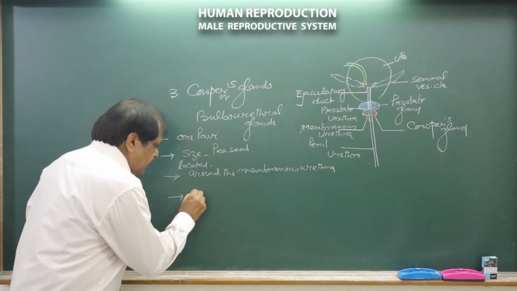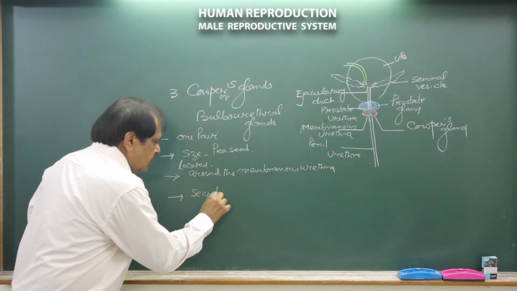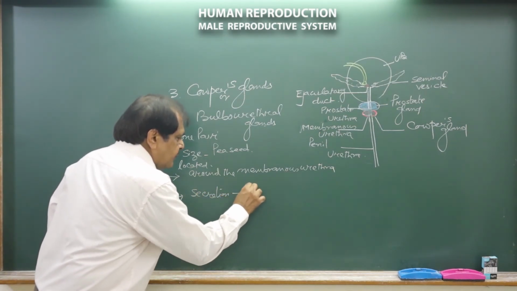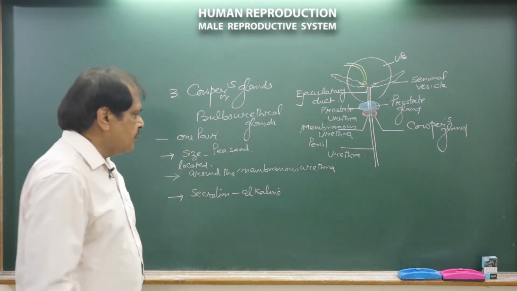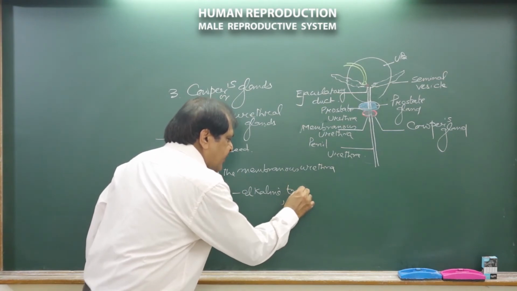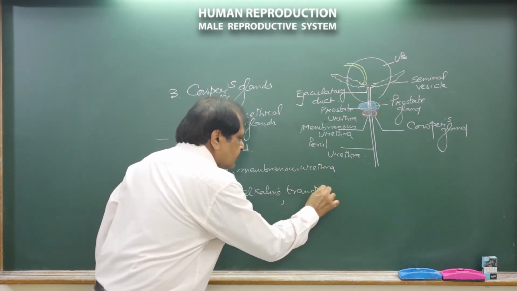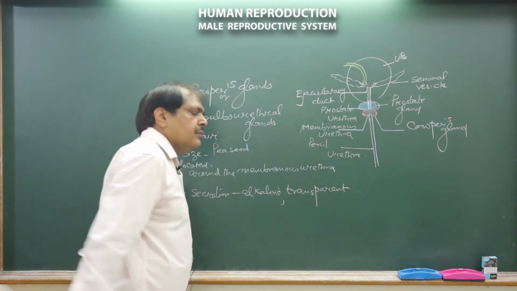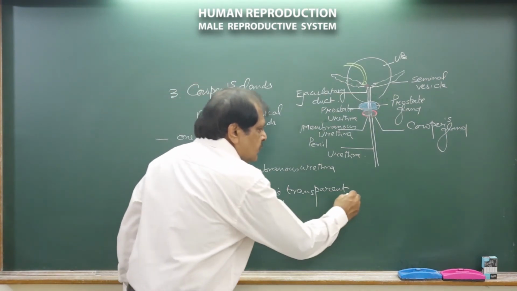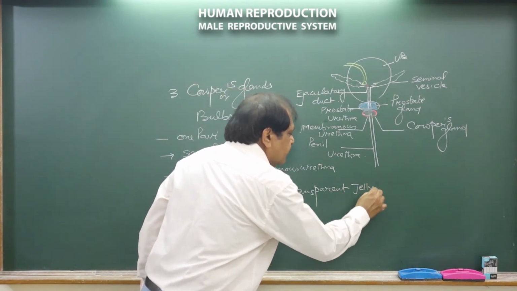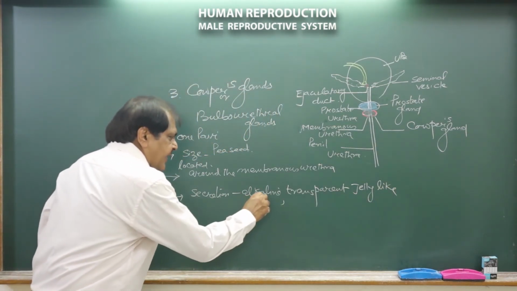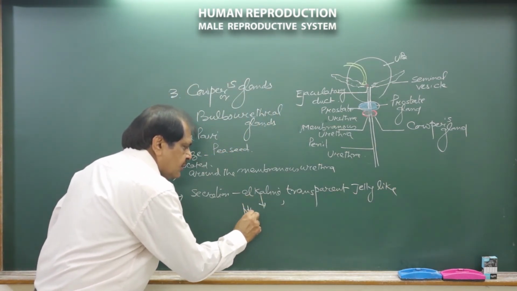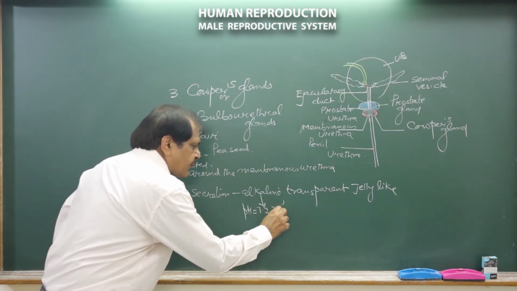Its secretion is alkaline, transparent, jelly-like, pH 7.2 to 7.4.